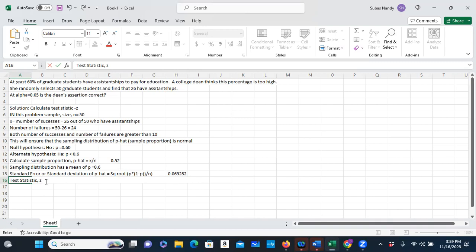So this test statistic formula is P hat minus P0, the hypothesized population proportion from the null hypothesis P equal to 0.60, and the whole thing is divided by the standard error.